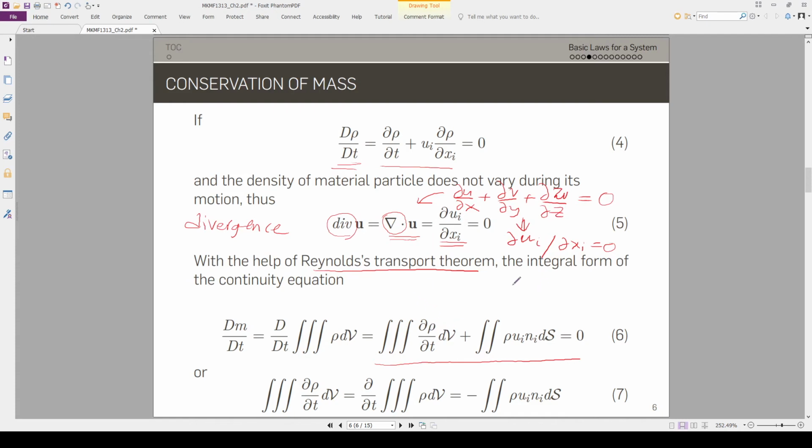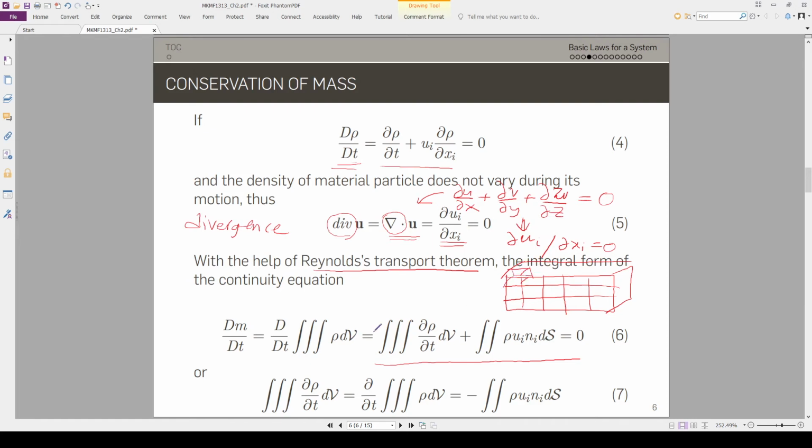Considering that we have a big system and we divide it into smaller domains, if we are dealing with 3D space, the smaller domains here represent smaller control volumes.